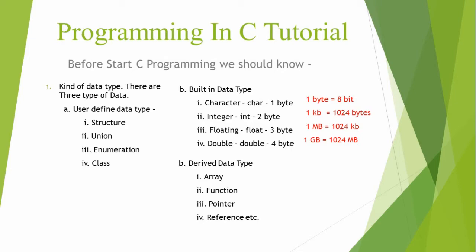Now you can see the character data can contain 1 byte. Integer contains 2 bytes, float contains 3 bytes, double 4 bytes. 1 byte equals 8 bits. 1 kilobyte equals 1024 bytes, 1 MB equals 1024 KB, 1 GB equals, I know that you all know about this.